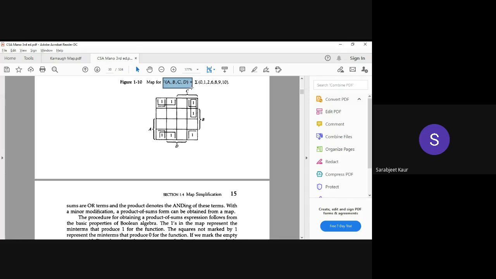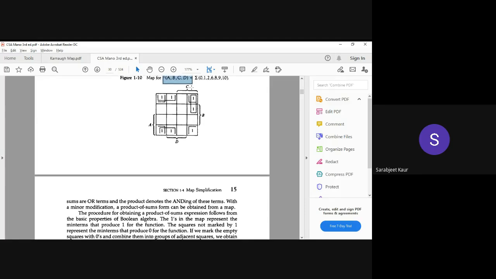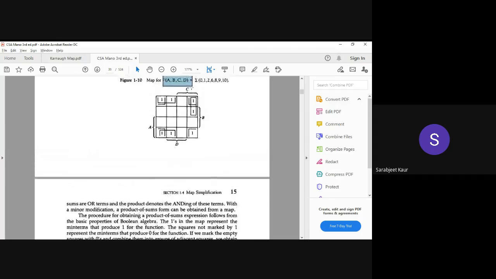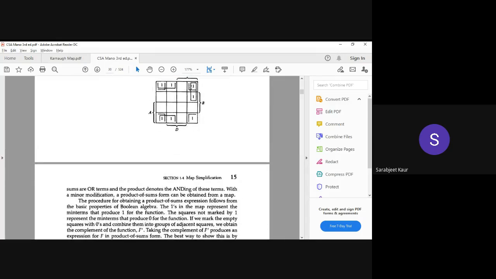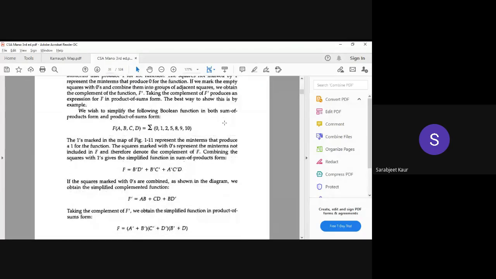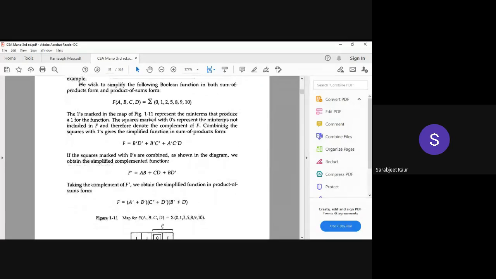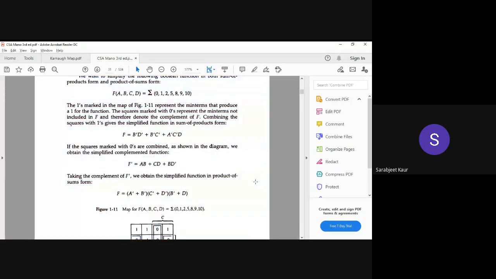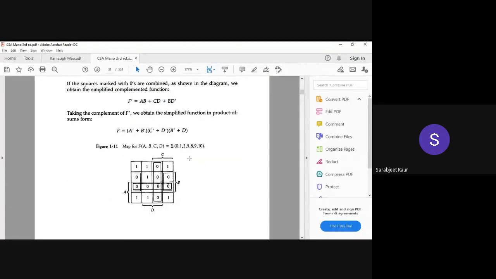Please see, let us follow this example only, that I've taken with you from this book, to make this clearer. So the first thing is, this is the expression that they've given me, and now to obtain the POS form, they've marked the zeros.